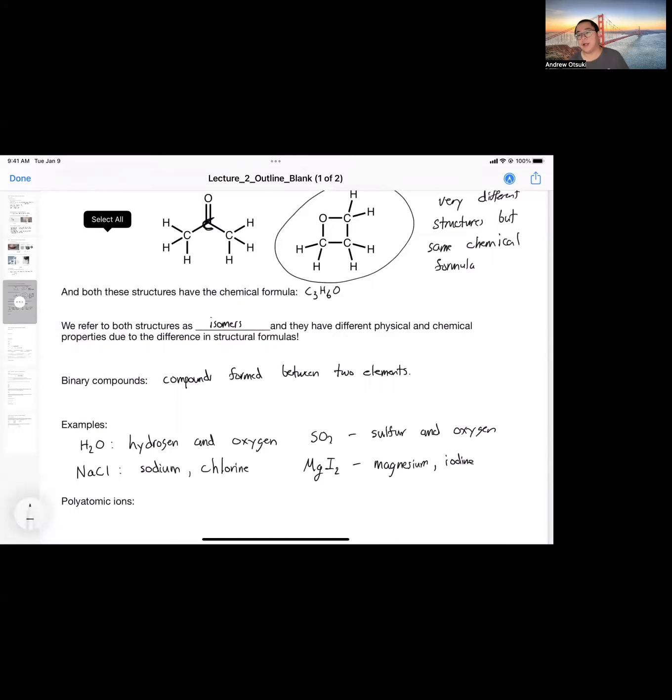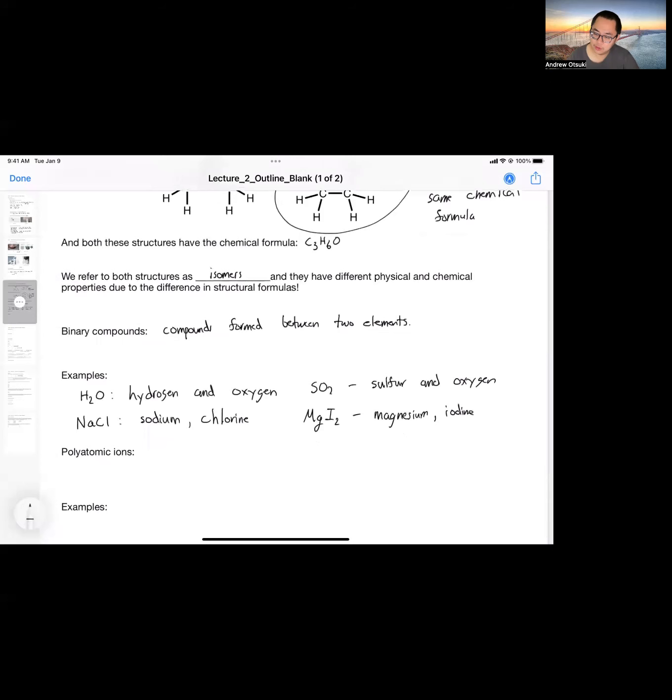So those are what we call binary compounds, and they're the most prevalent in terms of the small compounds that we see; they're mainly binary. Sometimes they're ternary, which means a compound made of 3 different elements, but those are much more rare. And there are fewer examples there, but most of them are binary.